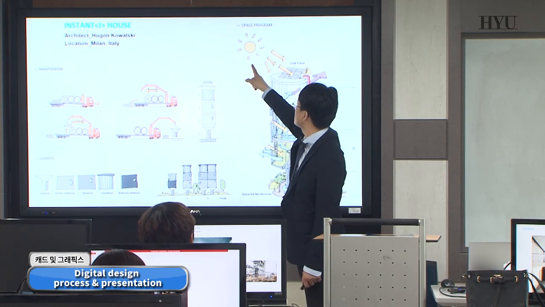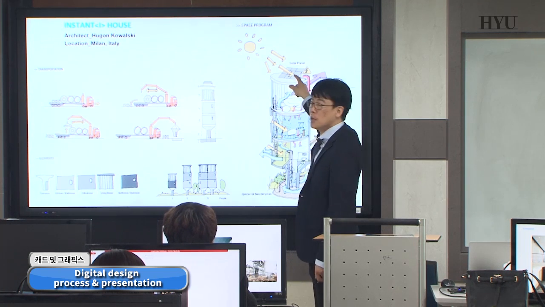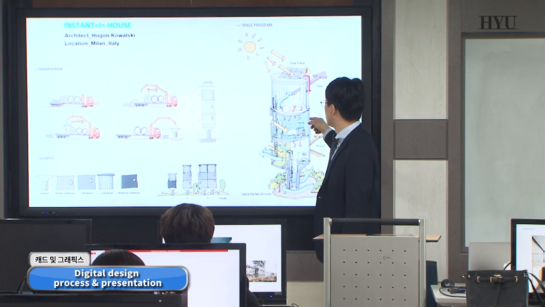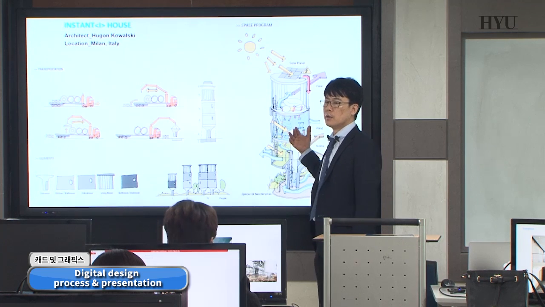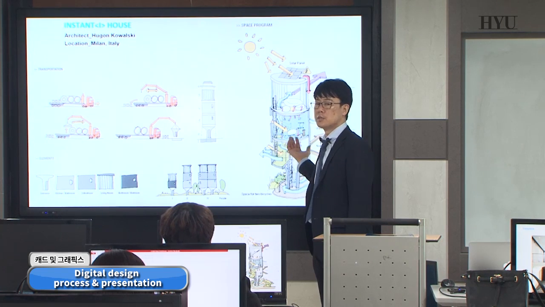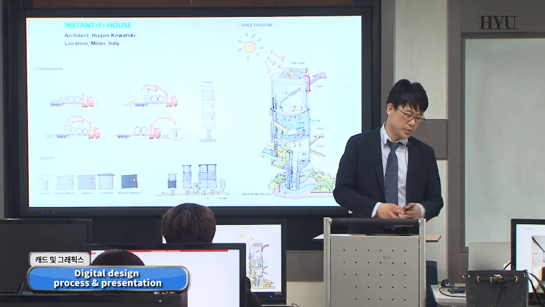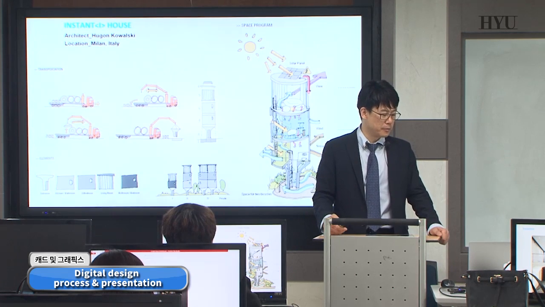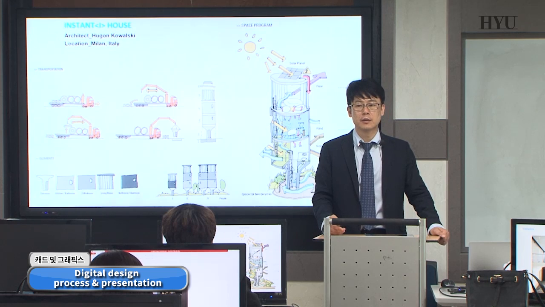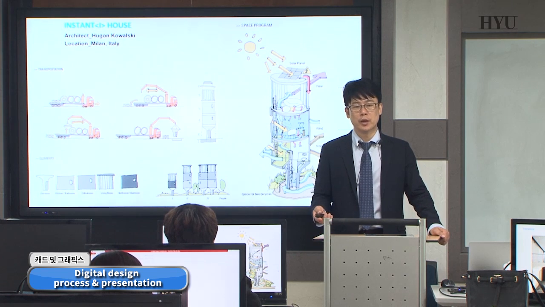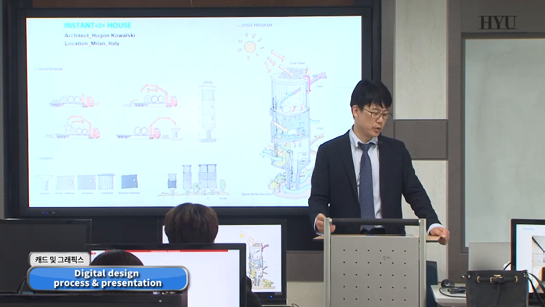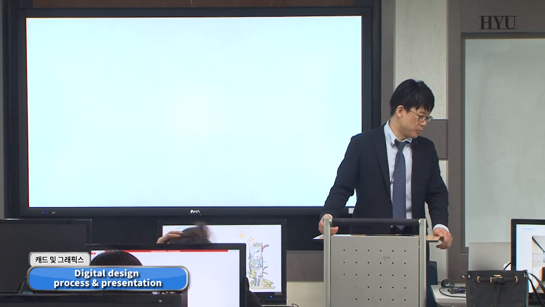Take a look. Sun is here and the solar panel provides electricity to heat or cool down this interior structure and so on. So this kind of visualization is also very useful, and you have to refer to it when you develop your own design visualization. That's the point, okay?